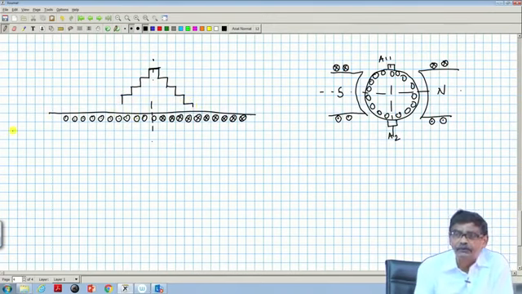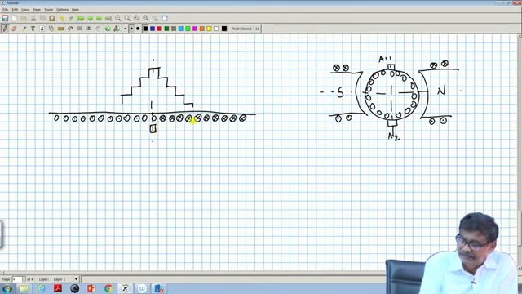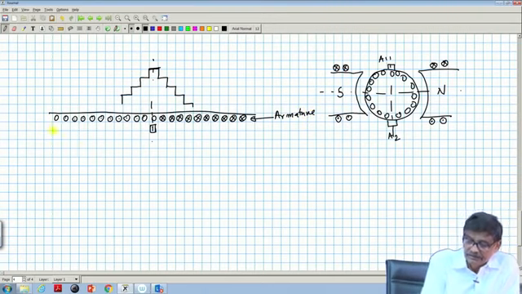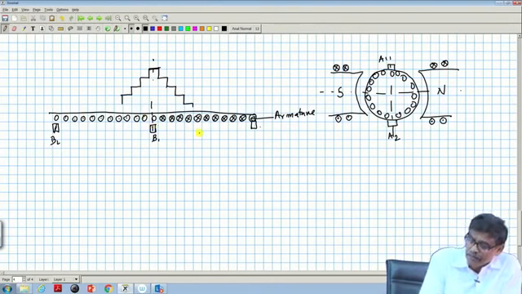Understood? This is the whole idea. Mind you, here the brush axes are there, this is the armature coil, armature. These are the brush positions, which are 180 degrees apart, B1, B2. Similarly here there will be one brush in the DC machine. It is consistent because the resultant MMF will be along this line.